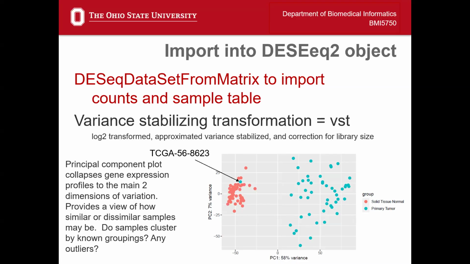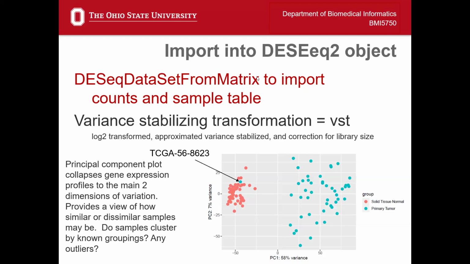So we know we have a few samples, at least 6. We have a bunch of genes, 30,000 to 60,000 genes. That is high dimensional. It's a lot of measures, and it's hard to get an idea of the big picture of that type of data set.